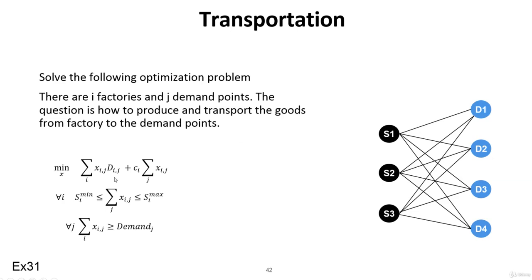So there are two sections in the objective function. First of all is telling us the transportation cost. It depends on the distance between the nodes and also how much goods are being transported from I to J.